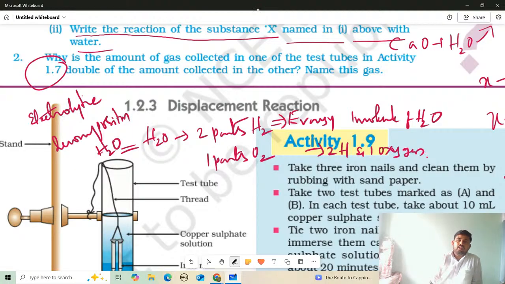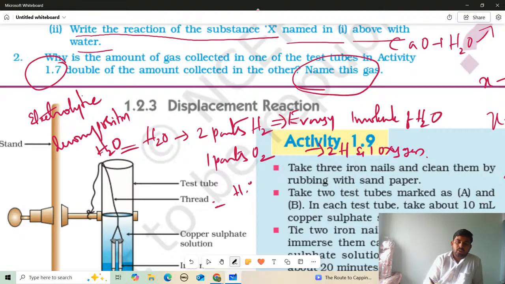This is the answer. Similarly, which gas is double here? The H to O ratio is 2 to 1, so hydrogen is double. So name the gas that is double: hydrogen gas.